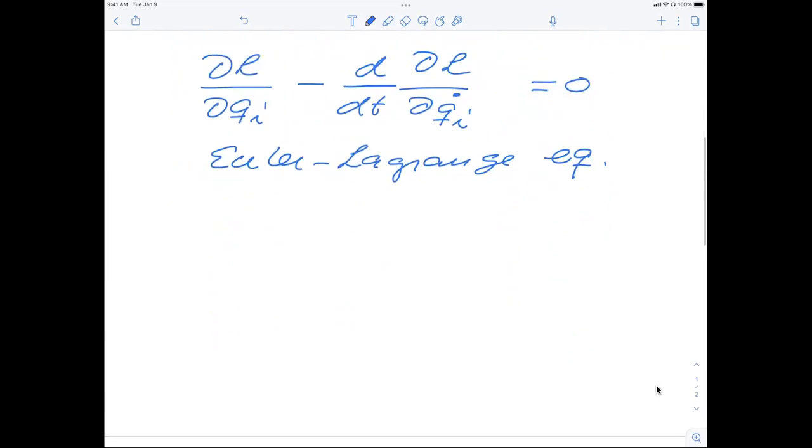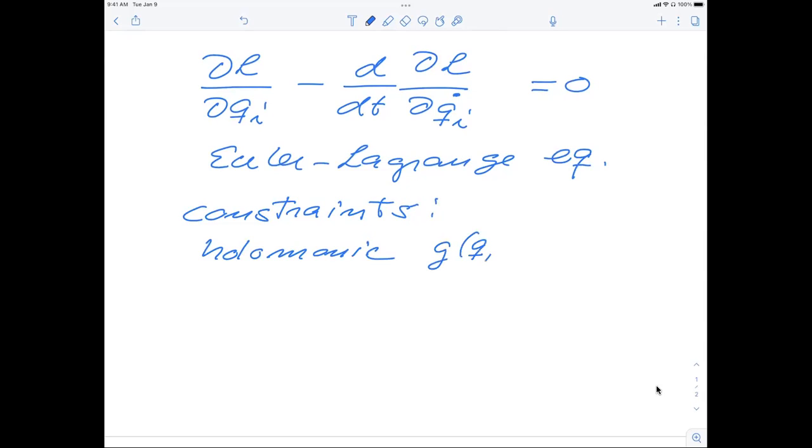Now, one of the things which we looked at last week was a case where we had constraints. And one type of constraint is called a holonomic constraint. This means that we have a function g of these variables, q1, q2, q3, up to some q of n, being equal to 0.